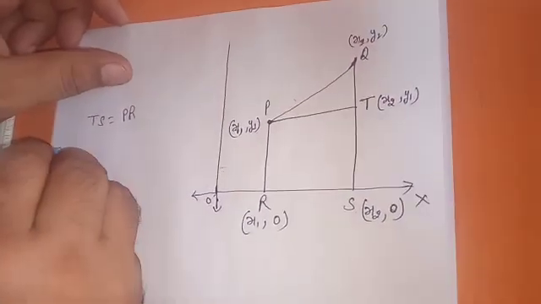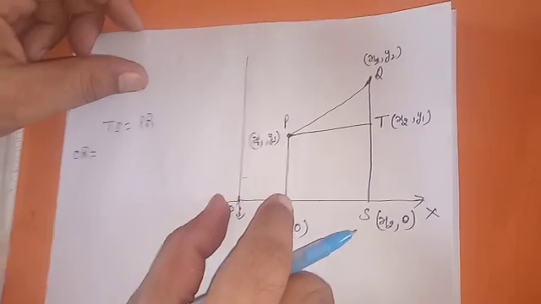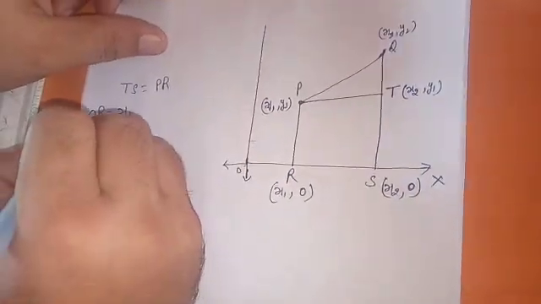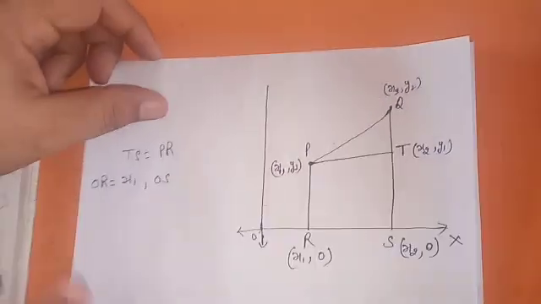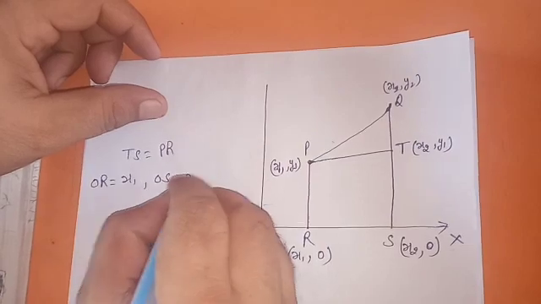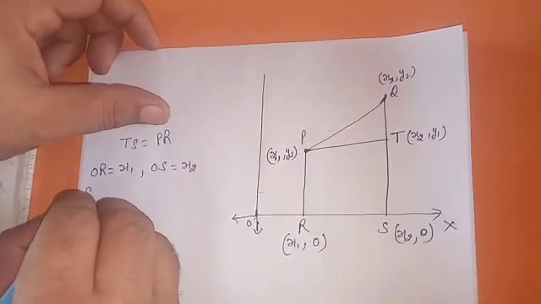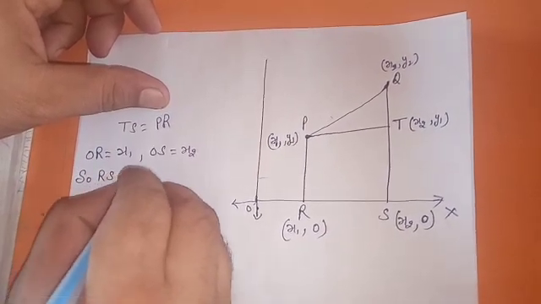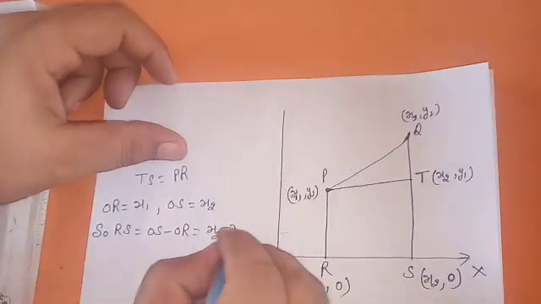So what can you say? OR means x1 unit. OS is equal to x2 units. If we find RS, RS is equal to OS minus OR, which is equal to x2 minus x1.